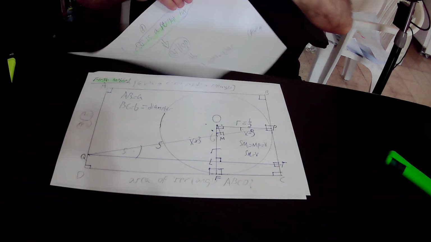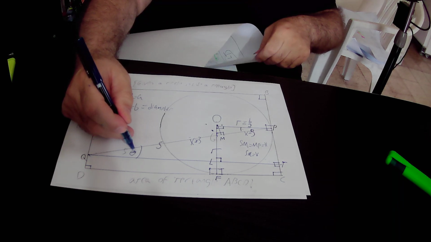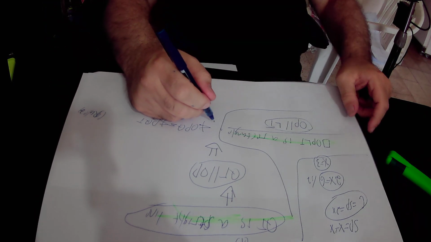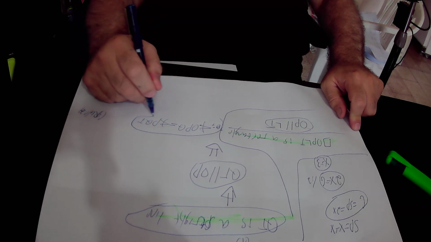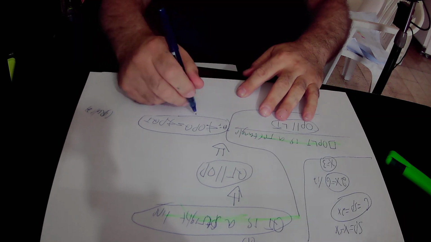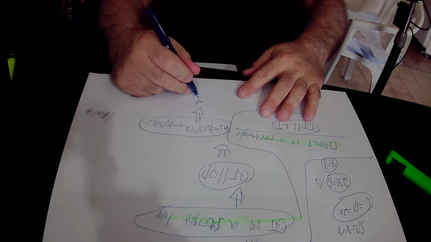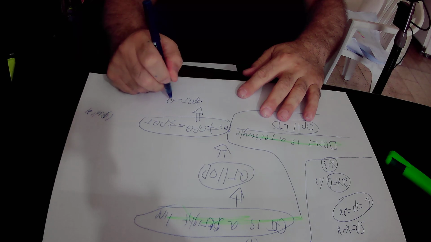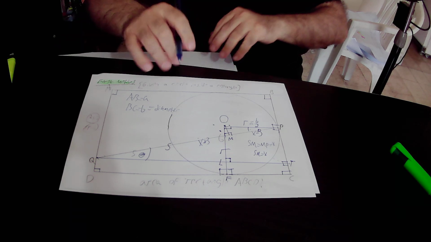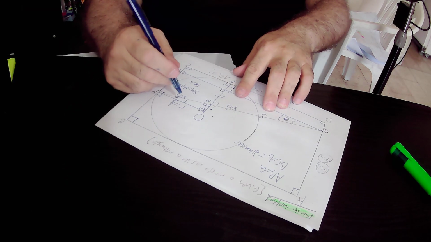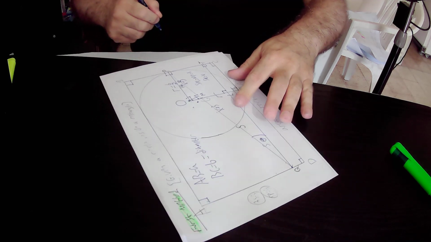So if we define angle OPQ as theta, then from this equation, theta equals angle OPQ equals angle PQT, we derive that angle PQT is also equal to theta. So here, this angle PQT equals theta.